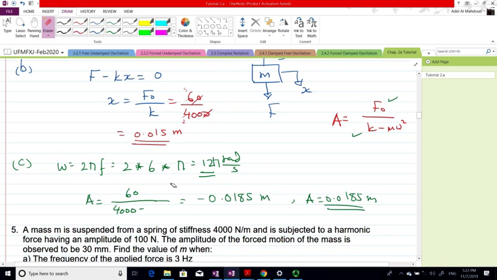Yeah, it's 50. So the weight is 50 divided by 9.81. The mass is not squared, but omega is squared, multiplied by (12π) squared. Now we try.